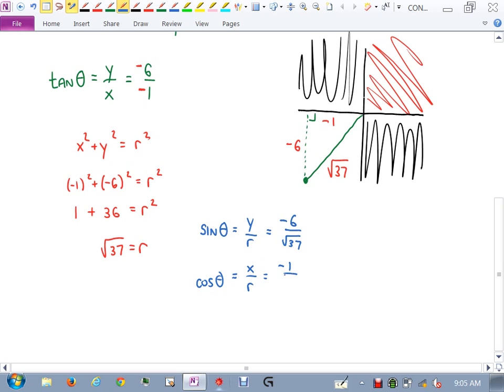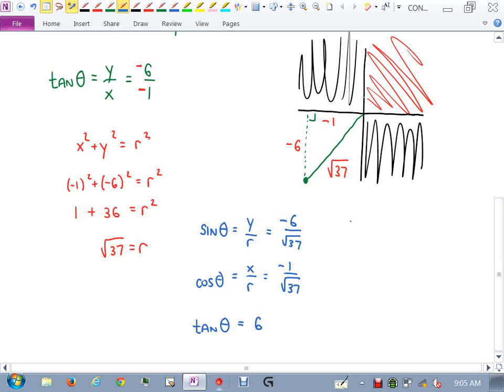Where am I getting those formulas, x over r and y over r? Right off this sheet, right? Sheet I gave you. Or you've memorized them, whichever way. Tangent theta, you should at least get that right on the test, right? Because that was given.